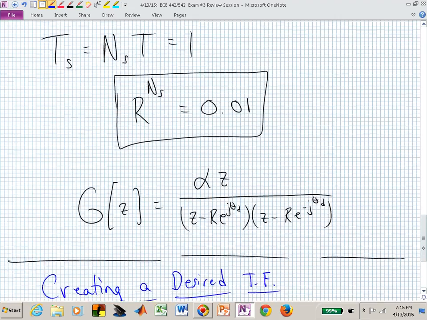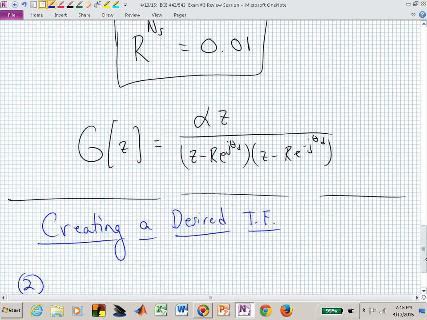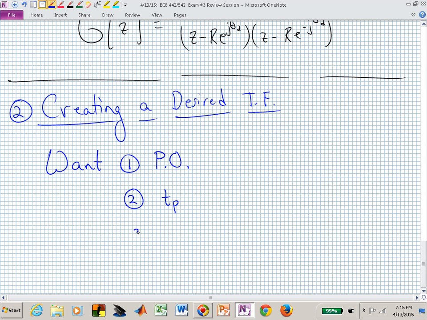So let's say that the system ID piece was 1 for this transient performance in the Z-plane. Now 2 is creating a desired transfer function. Suppose that somebody wants the following: a given percent overshoot, a given time to peak, and, so that it doesn't get confused with 1, 2, and 3, let me say A, B, and C. Now maybe they want a given settling time.